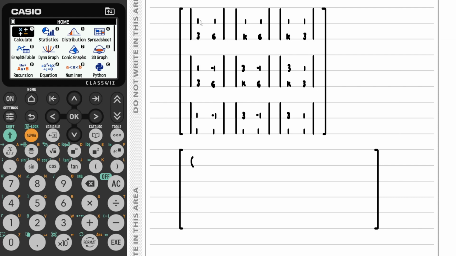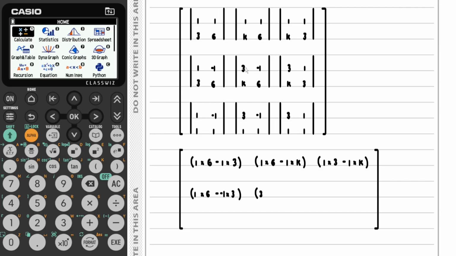So we've got here 1 times 6 subtract 1 times 3. Here we've got 1 times 6 subtract 1 times k. Here we've got 1 times 3 subtract 1 times k. Here we've got 1 times 6 subtract negative 1 times 3.